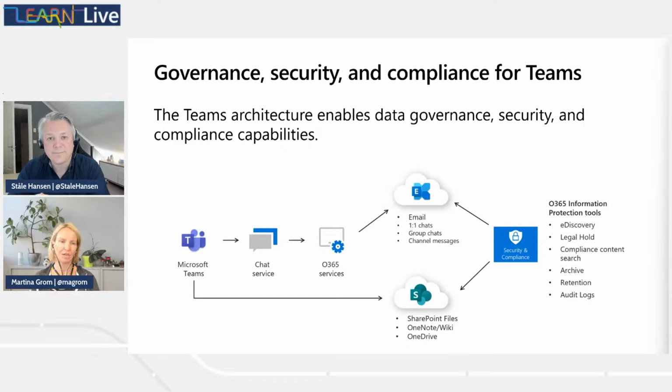You can protect Teams data with various security and compliance features in Microsoft 365, like we have said before. This protects against leakage and loss of business data, and it also supports compliant business processes when discovering sensitive business data. So you see, this all comes together, and it's protected within Microsoft 365.